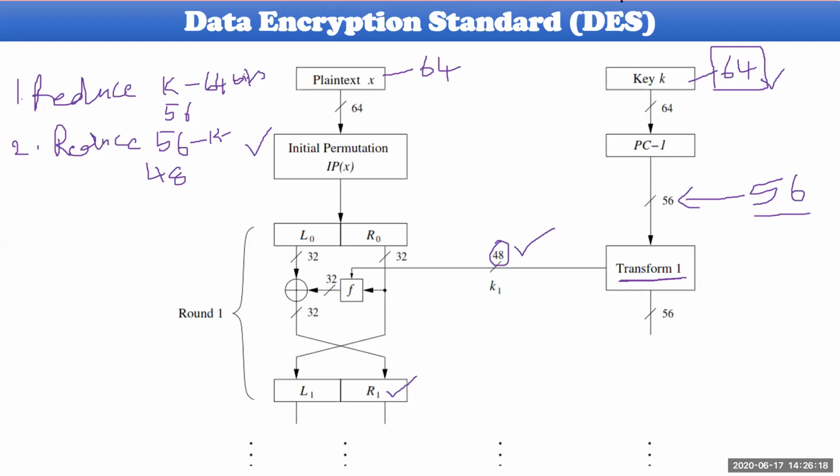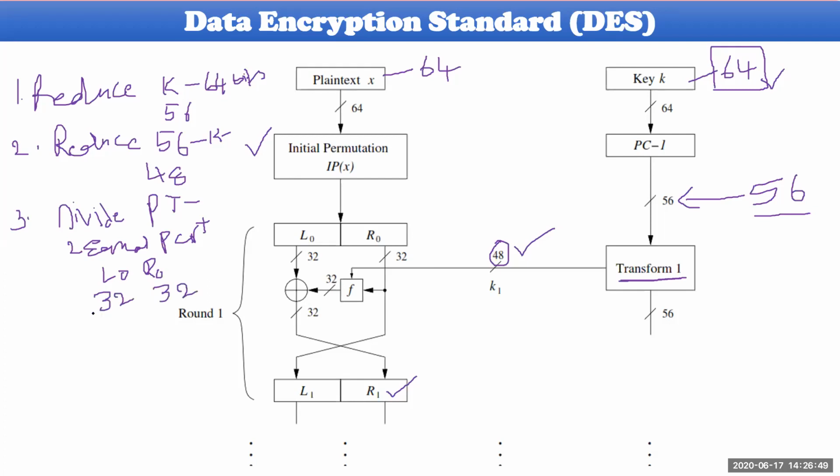The third operation: after the initial permutation, divide the plain text into two equal parts, termed L0 and R0. L0 size will be 32 bits, R0 size will also be 32 bits.